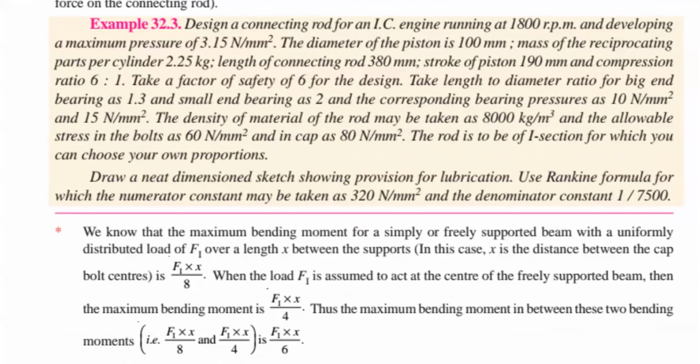You simply choose your own values, and you can verify them with respect to IXX and IYY. The ratio of those values should be within the range of 3 to 3.5. That is the verification. Very, very important, please pay attention to this point. Here it is an I section, and you have to remember the dimensions I already provided in your last class. So B value equal to 4T and H value equal to 5T.